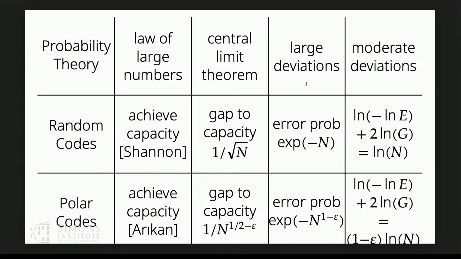The error is doubly exponential, so you take 2 logs, and for G you take only 1 log. And then there's a conservation law that says that your block length is like your income. You can use your block length to buy good error probability or buy good gap to capacity, but there is some conversion rate. You can only buy this much.